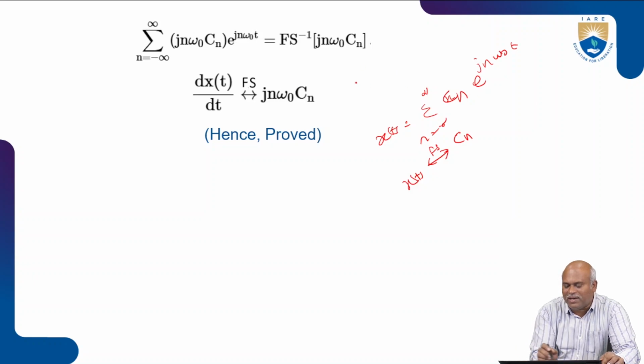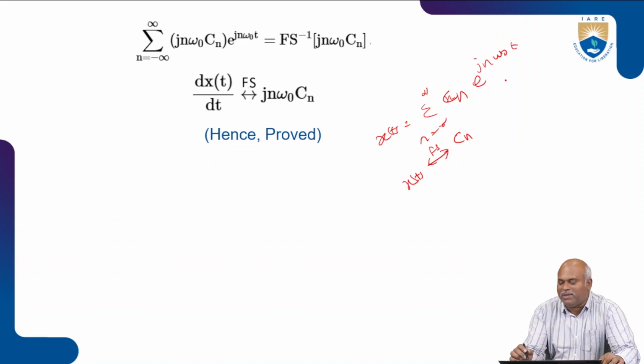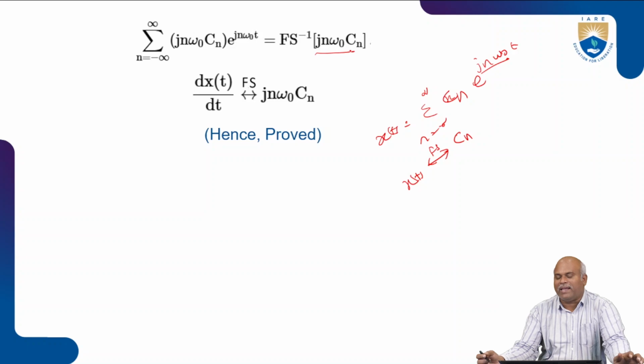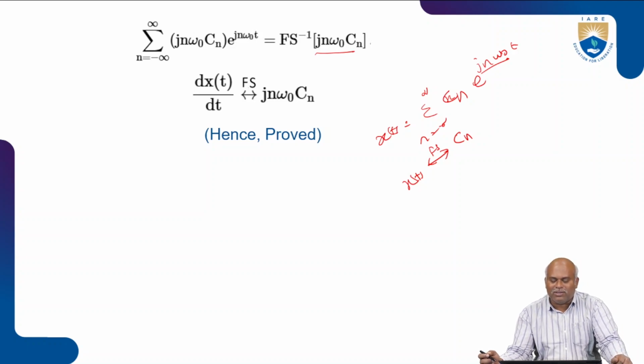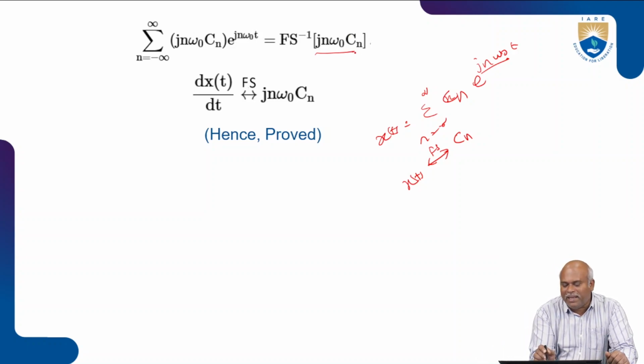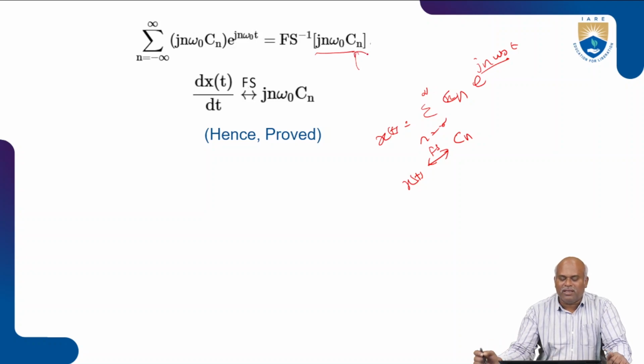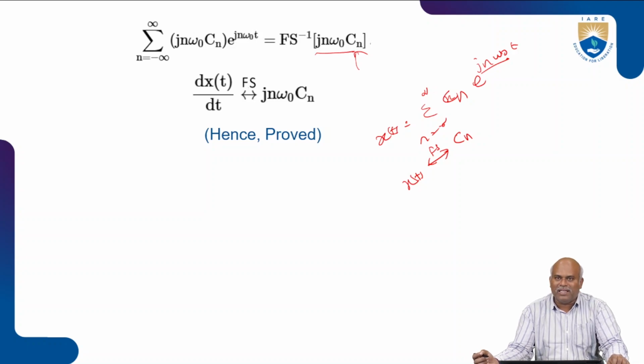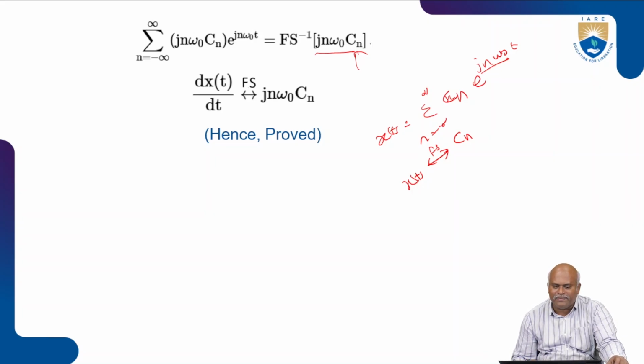Now in this c of n, in the time differentiation case, if we differentiate e power jn omega 0 t, this coefficient comes for multiplication. That multiplication I write as jn omega 0 multiplied with c of n. So finally, the differentiation with time of a Fourier series is represented as d by dt x of t Fourier series is jn omega 0 c of n. Hence the property is proved.